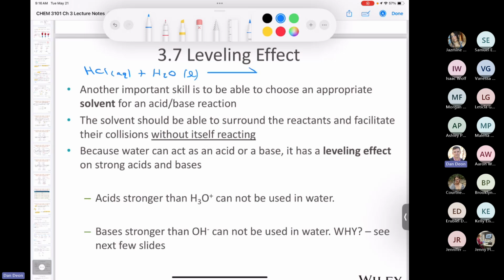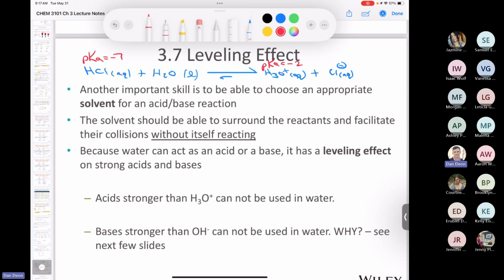Because what's going to happen is it's going to produce hydronium and chloride ions. And if we compare the acid and the conjugate acid, the acid has a pKa of -7, and the conjugate acid has a pKa of around -2. So the equilibrium is going to lie to the side of the weaker acid. And that, my friends, in a nutshell, is what the leveling effect is, okay?